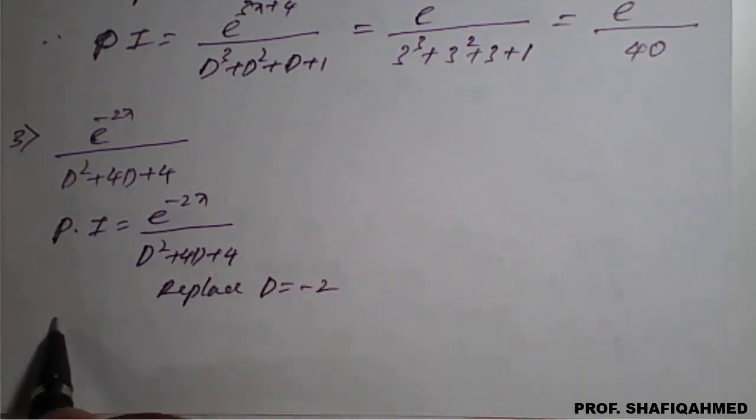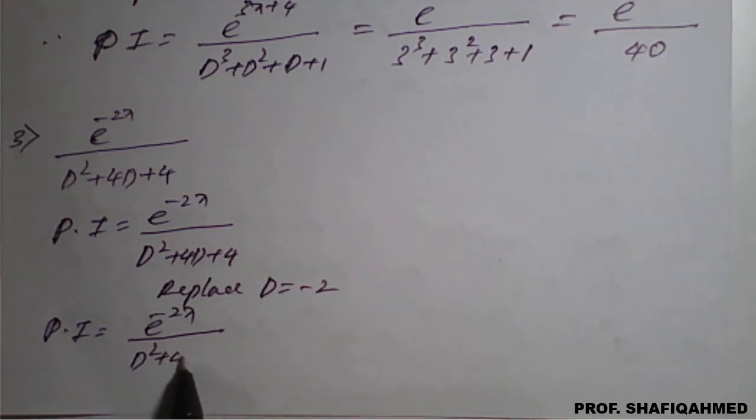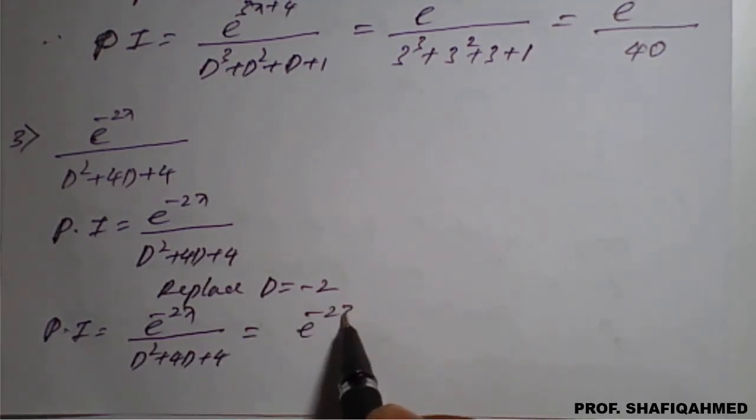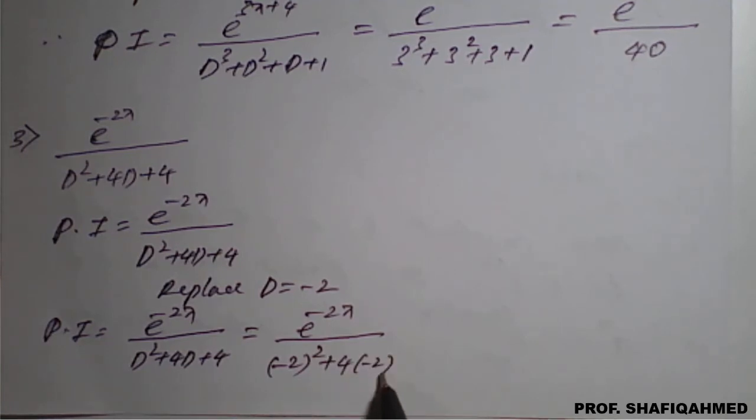On replacement, the particular integral will become e raised to minus 2x divided by minus 2 square plus 4 into minus 2 plus 4.